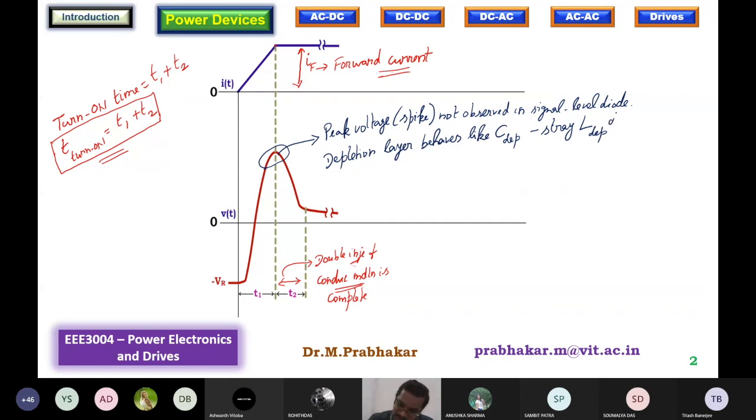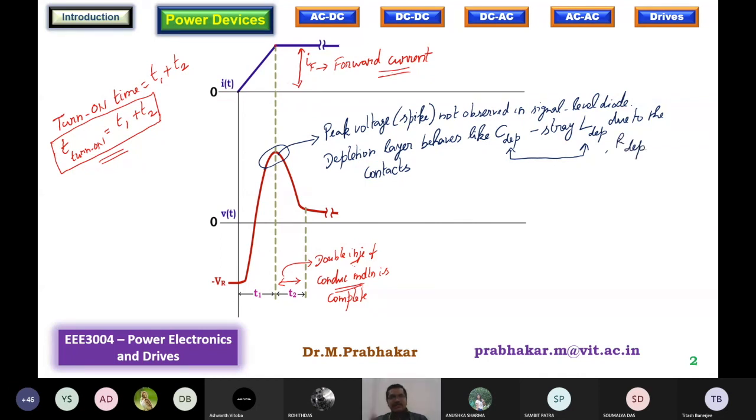The stray inductance is mainly due to the contact leads, the contact that is made between the silicon wafer and the terminals. Now you have L and you have C. R is always there. So you have the resistance of the depletion layer as well.